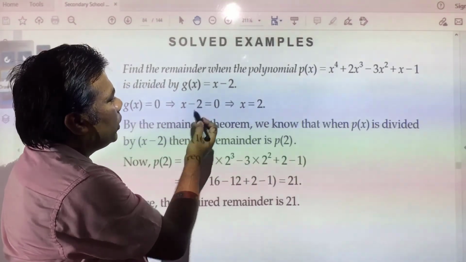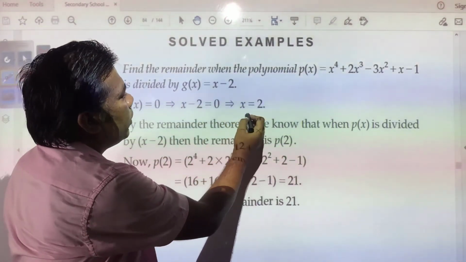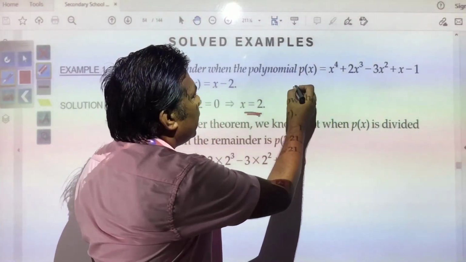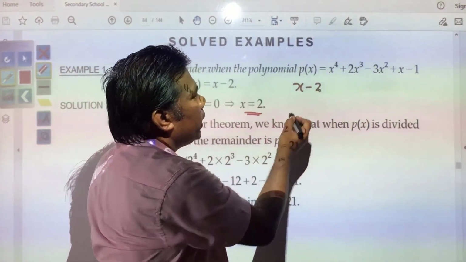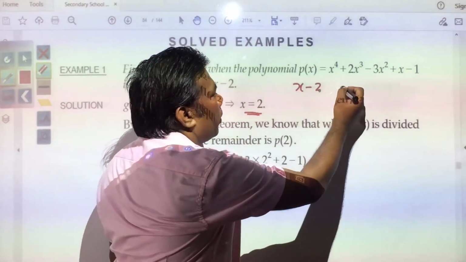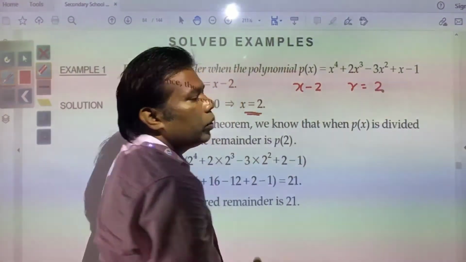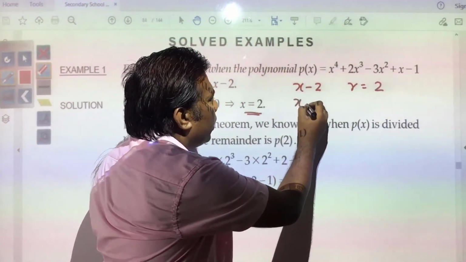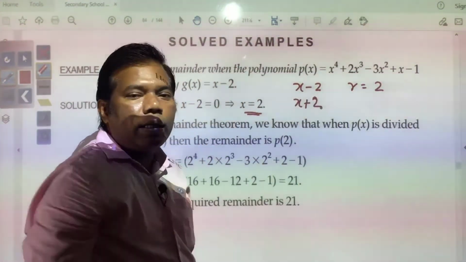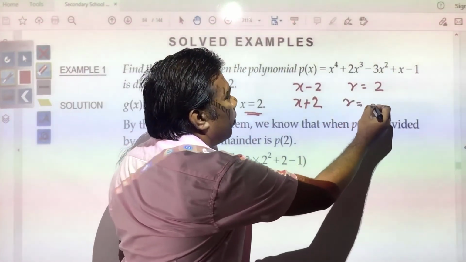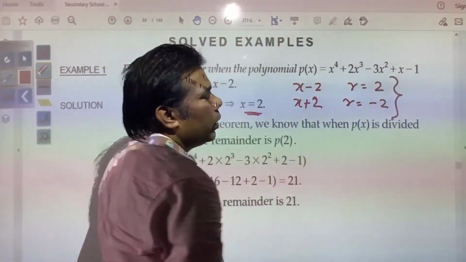So, x minus 2 is equal to 0, so x is equal to 2. Just now I made you understand, if it is divided by x minus 2, then your remainder will be plus 2. If it is divided by x plus 2, your remainder will be minus 2. These things only you need to remember.